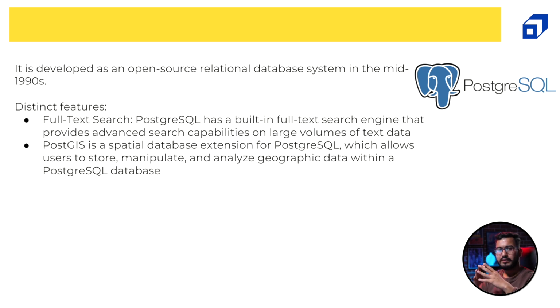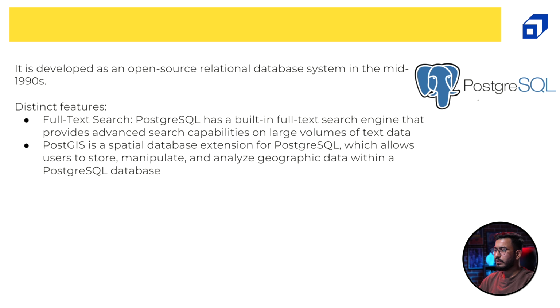When they launched themselves, there was an increase in the amount of textual data. People started messaging, and since people were messaging, companies were required to preserve that data also. They then needed some technology which could help them perform textual search. So when PostgreSQL came into market, they launched two unique functionalities.